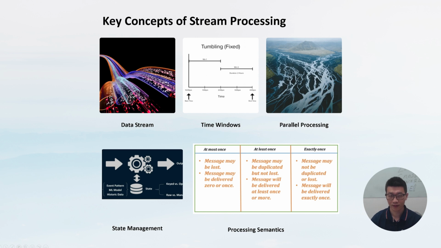Parallel processing techniques are crucial in stream processing. These techniques have been around for decades and are similar to those used in batch processing, involving partitioning and sharding data. Next, we have state management, which is a significant concept in stream computing and processing.